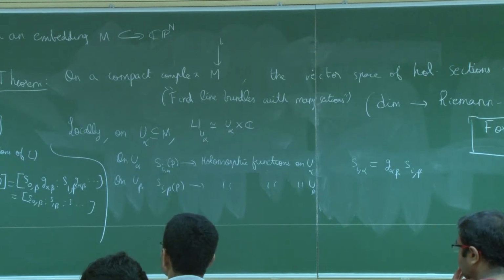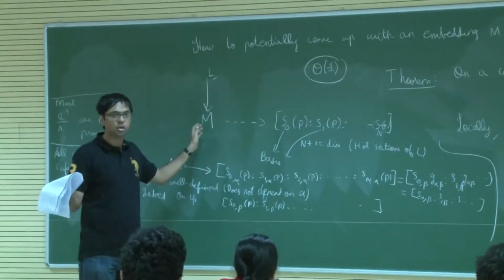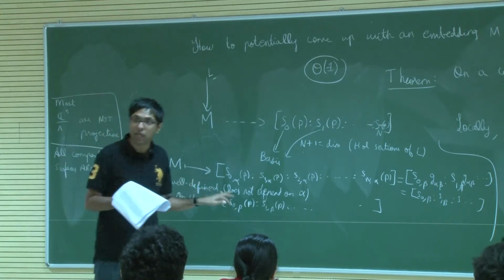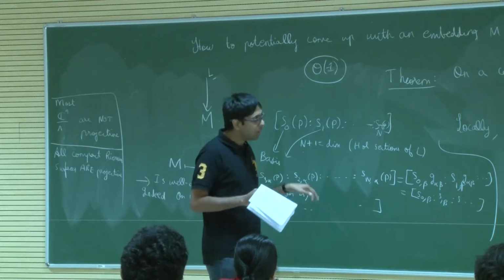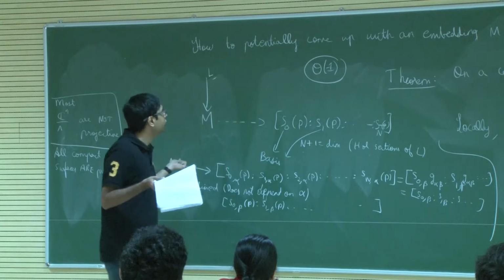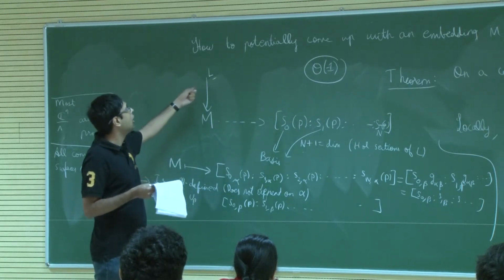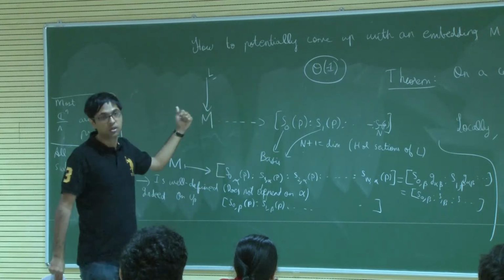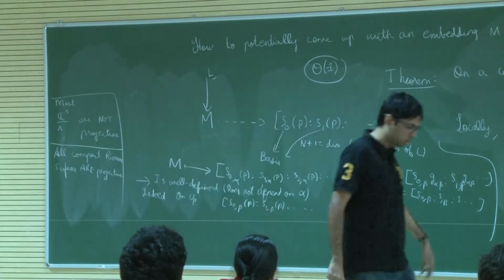Maybe you may not have heard these words before, but something to the effect of: if this line bundle has a metric with a certain kind of curvature property, then you should be done. That is the criterion I'm aiming towards. You might also ask, how will you verify that? How can you make sure that you have a line bundle with such a curvature property? That's a different ball game altogether. Okay.